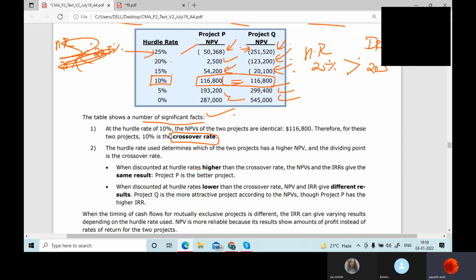So at this hurdle rate, this project's NPV is higher and this is lower; at this hurdle rate, this project's NPV is lower and this is higher. Yes, the crossover rate has divided it.